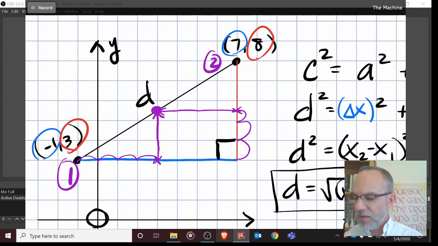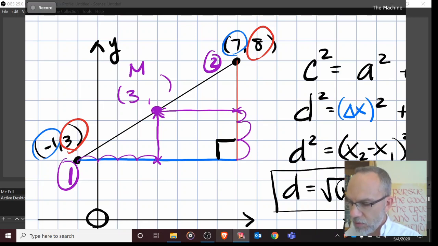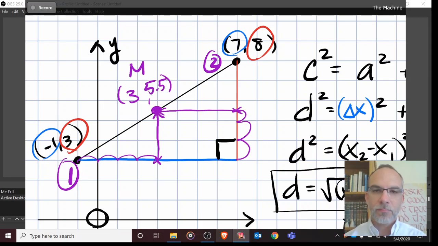Okay, this point here, that would be the midpoint. So D would be the entire length of that, but now my midpoint I'm going to call M, capital M, and it's got a coordinate. Well, what is the coordinate there? It looks like it's going to be 3, and then up 1, 2, 3, 4, 5.5. There we go, that's the midpoint.